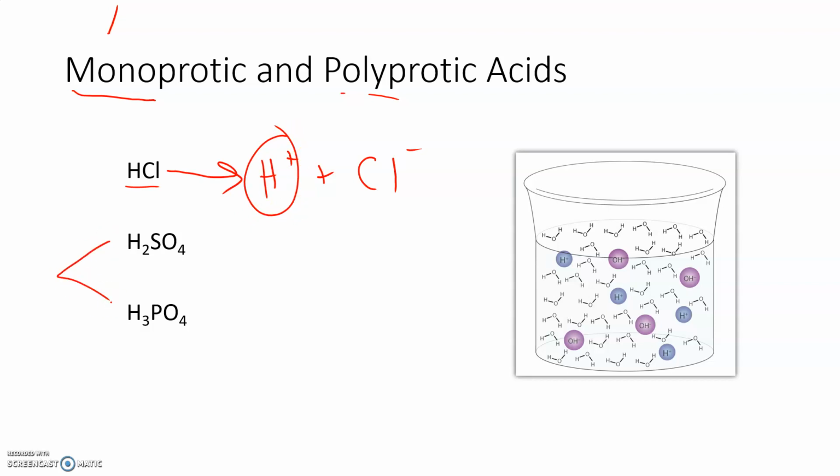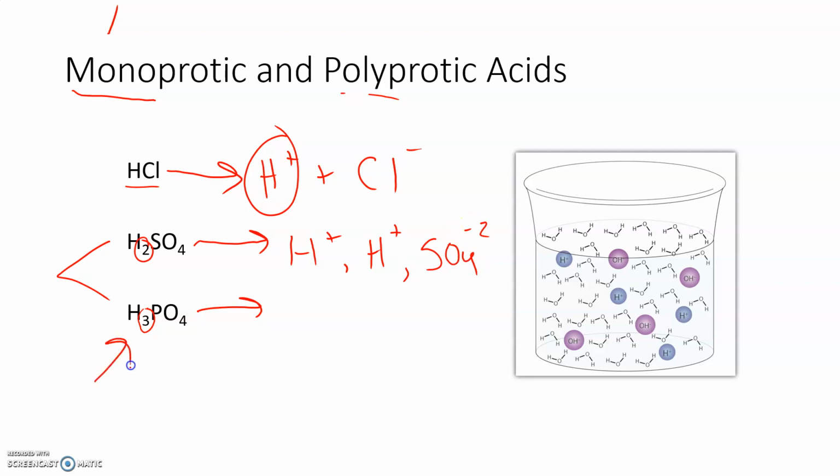These two are going to be referred to as polyprotic. Again, poly means many. The reason why is when you put these in solution, notice there are 2 hydrogens here and 3 hydrogens here. These produce multiple, many, hydrogen ions. So H2SO4, when you put it in solution, breaks up into 2 H plus and 1 SO4 2 minus ion.